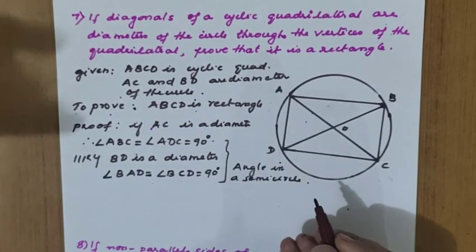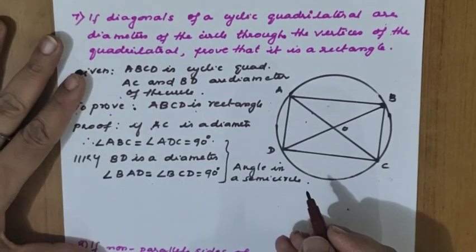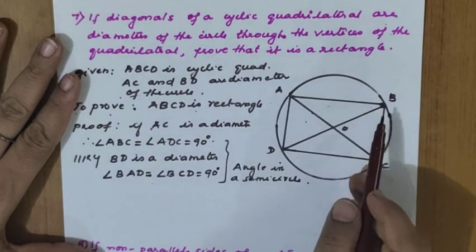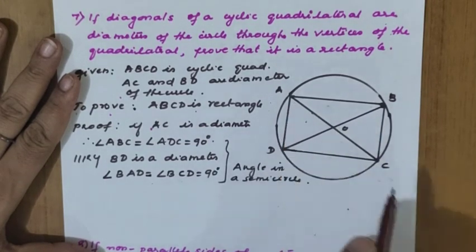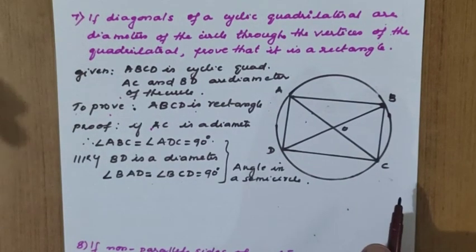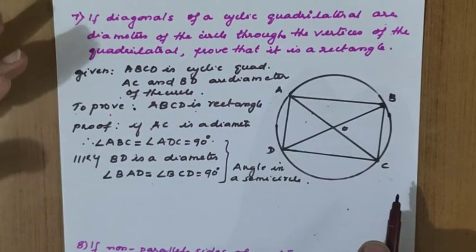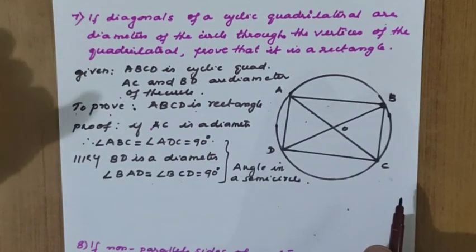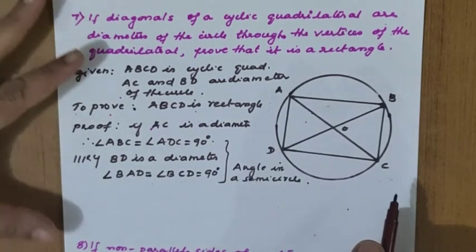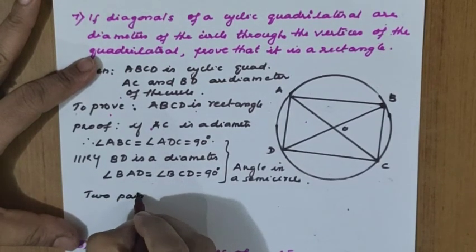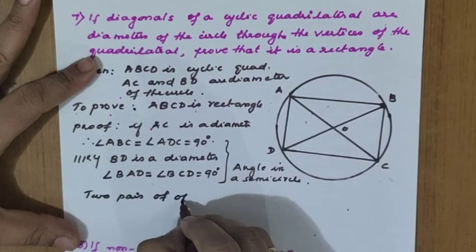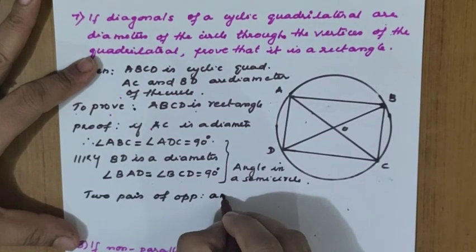So how many pairs of angles are 90 degrees? Angle B is 90 degrees, D is 90 degrees, C is 90 degrees, A is 90 degrees. Two pairs of opposite angles are equal and each angle is 90 degrees. So it is a rectangle. What should we write first? Two pairs of opposite angles are equal.